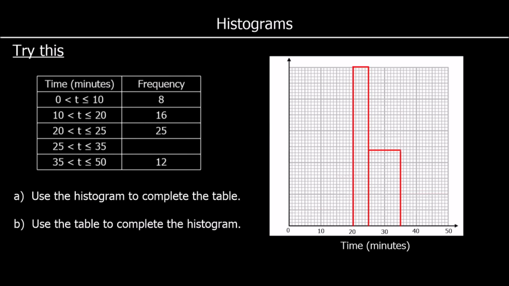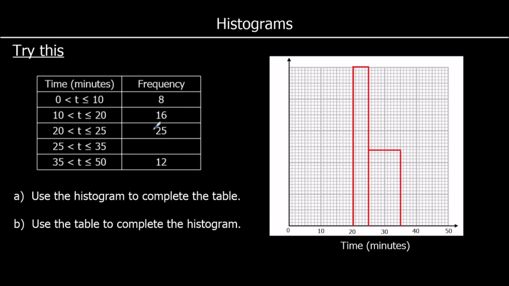And the last question, so it's slightly different. This time, part of the information's on the histogram and part is in the table, and you need to complete the histogram and the table. So give this a go. So we've got 2 bars drawn here.